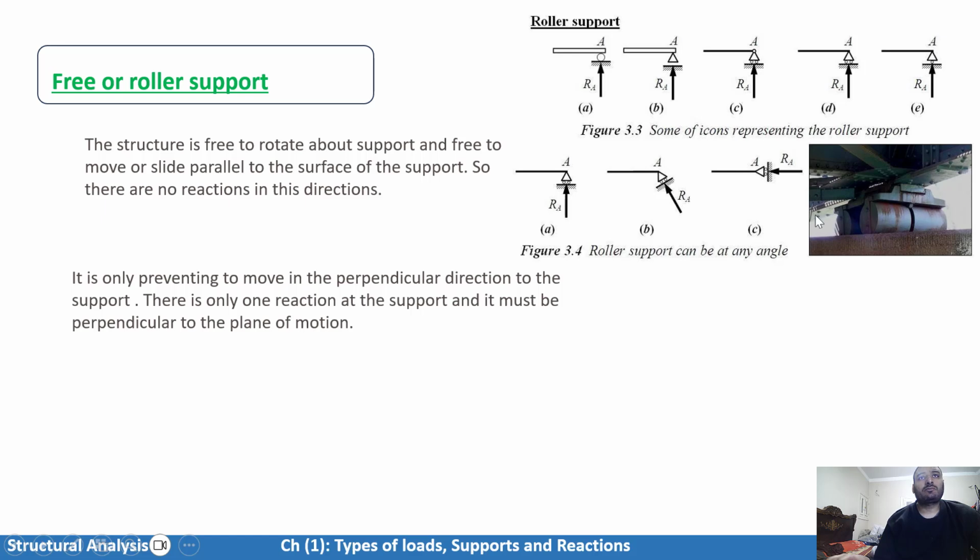We have a roller support of a bridge, so the reaction is perpendicular to the plane of motion. So we have one reaction. It is only preventing movement in the perpendicular direction to the support. So there is only one reaction at the support, and it must be perpendicular to the plane of motion.